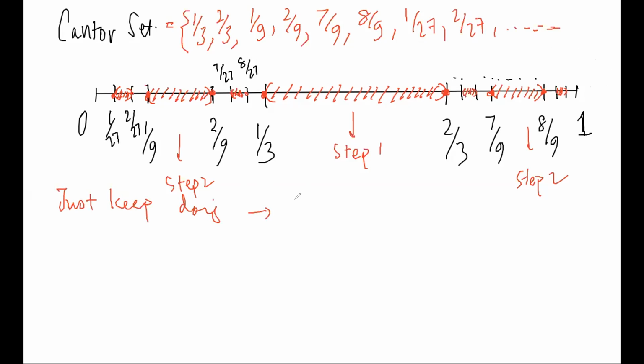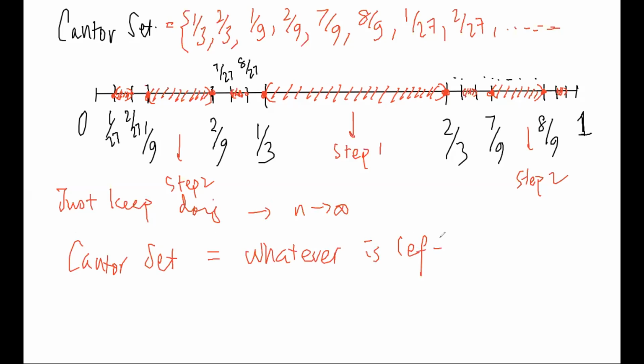So the Cantor set is equal to whatever is left at the end. So therefore, your Cantor set keeps increasing like this.